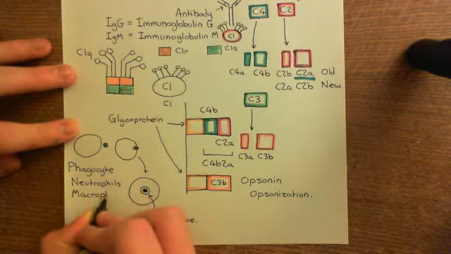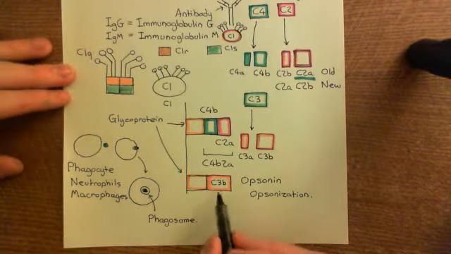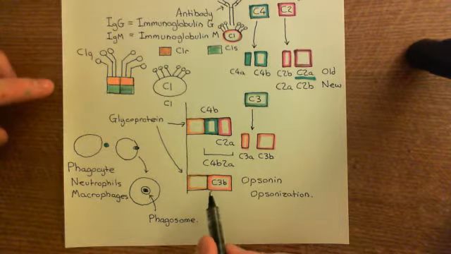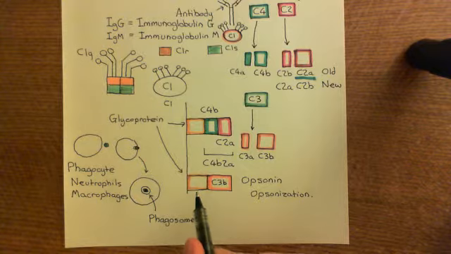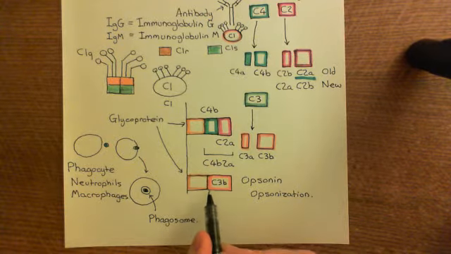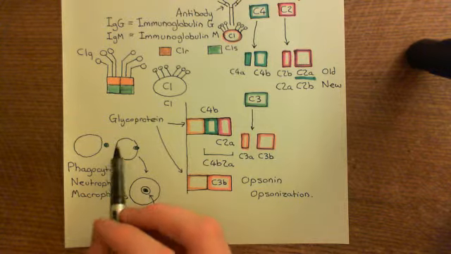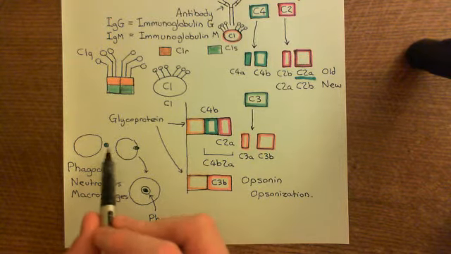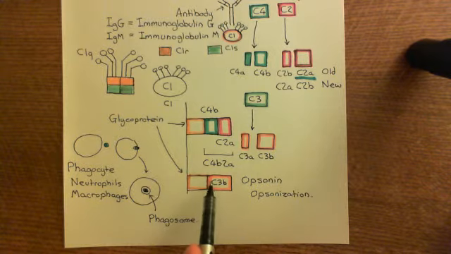Now basically, if you cover a bacterium in C3b by binding the C3b to the glycoproteins on its surface, the effect is to make the bacterium more tasty for the phagocyte, because the phagocyte has receptors on its surface for C3b, almost like taste receptors.